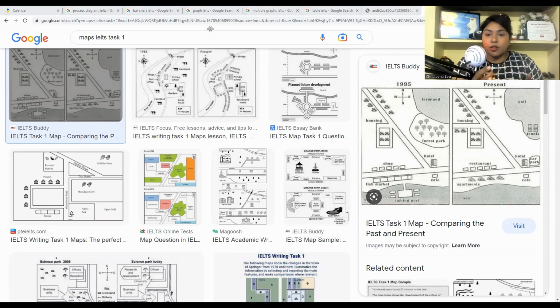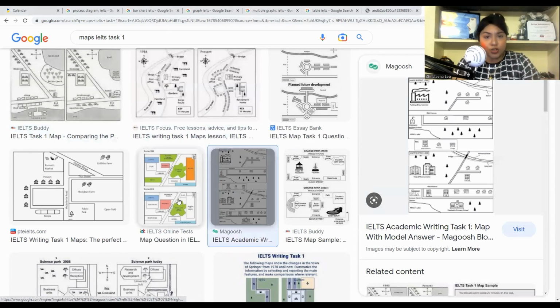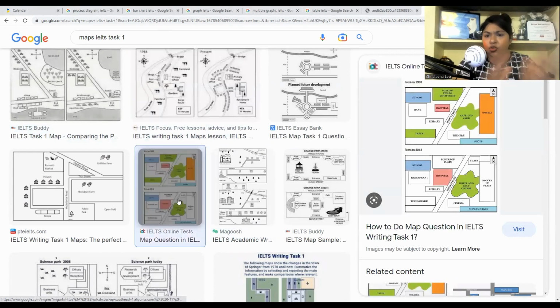So you'll have to describe renovations or construction work or differences between a map in the past and another one in the present, or two or three maps both in the past, or maybe a map in the present and then one in the future. So you'll just have to describe what you see and then compare those two different maps and write the comparison that you see in those maps.